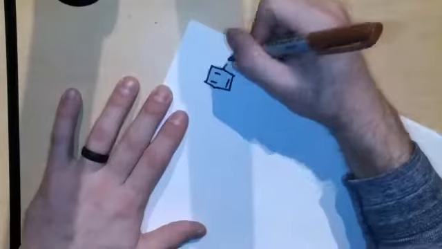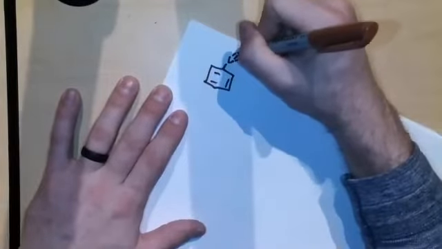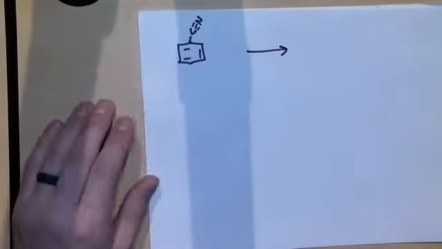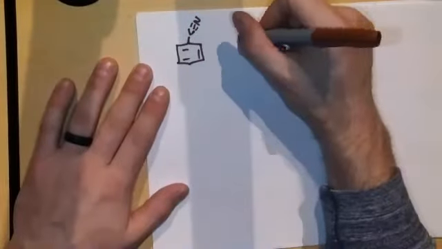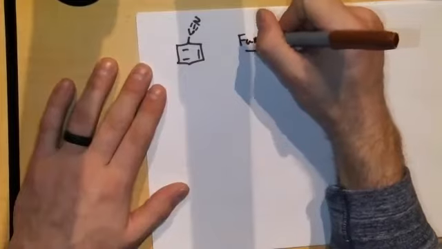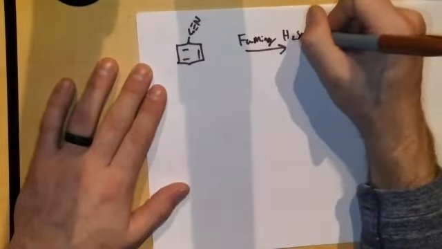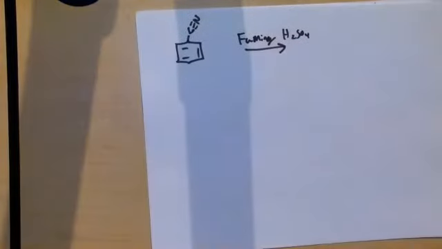Let's put a meta director on there. So this nitrile group. If I add in something called fuming H2SO4, which is literally just boiling H2SO4. So boiling sulfuric acid. What happens is we have 2 sulfuric acid molecules that interact with each other.